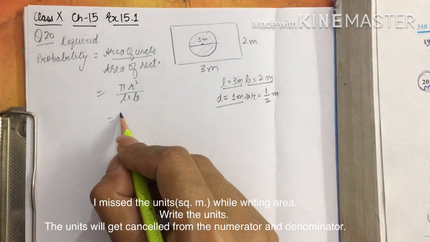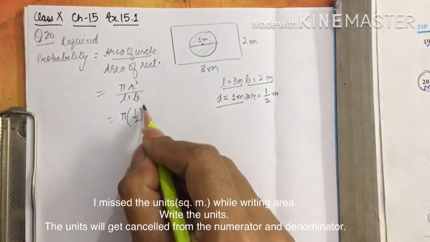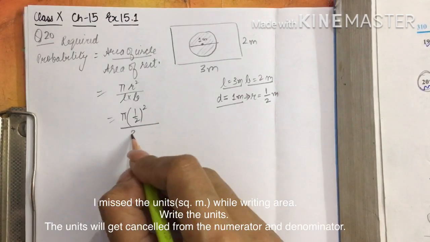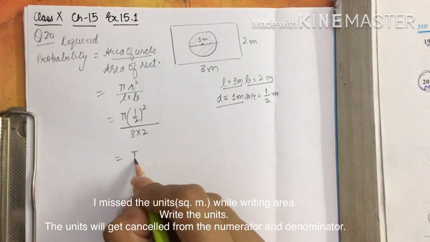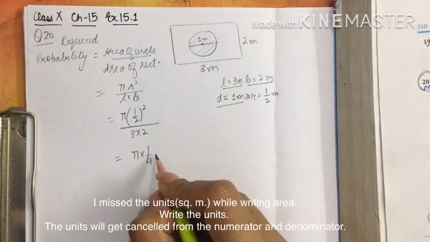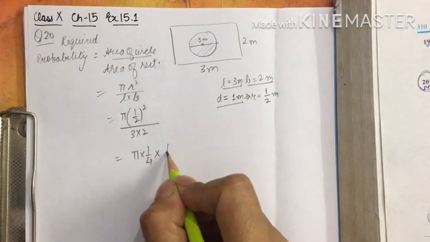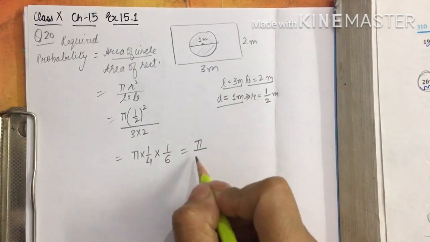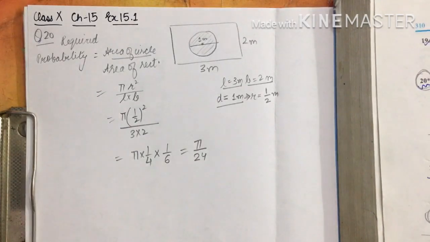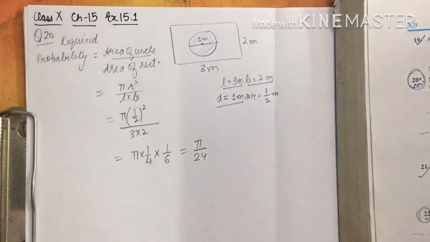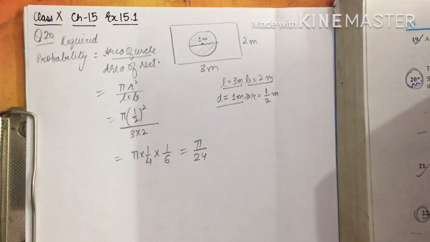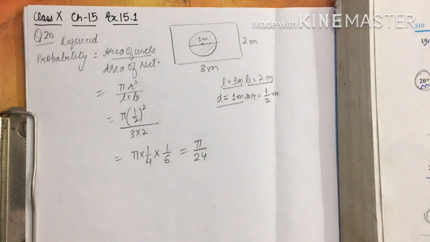Using the values, pi into (1 by 2) square in the numerator, and in the denominator, 3 into 2. So this is pi into 1 by 4 into 1 by 6. So this comes out to be pi by 24. If you want, you can use the value of pi and give the answer in the simplified form, or you can just leave it like this, and that's completely fine.